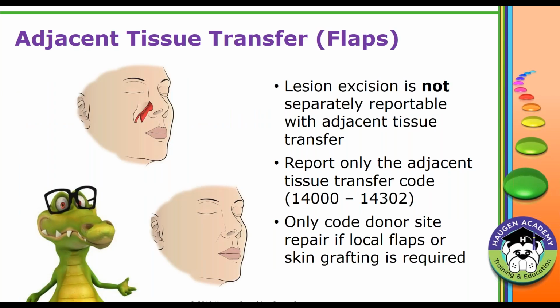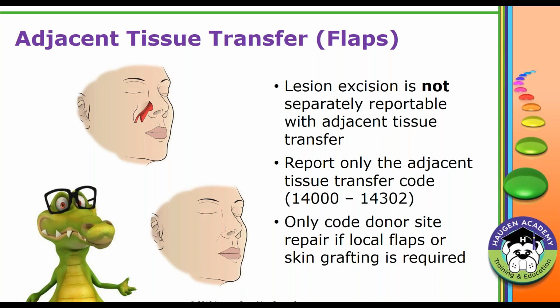Next, we're going to talk about adjacent tissue transfer or flaps. Unlike repair, where we code the excision and then the repair separately if it's intermediate or complex, if they decide to do the repair with a tissue transfer or a flap, the lesion excision is not separately reportable.